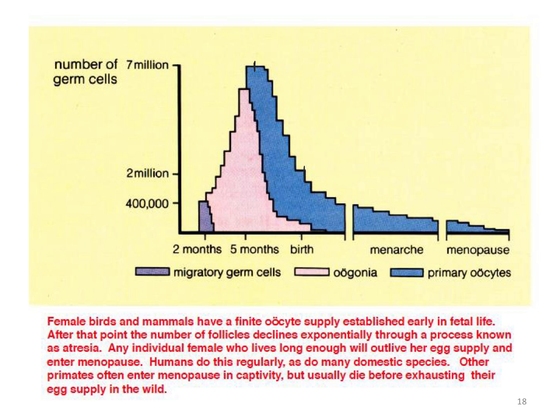Those numbers are going to continue to go down until menopause, which occurs in humans and great apes. It's when females basically have used up all of their eggs.